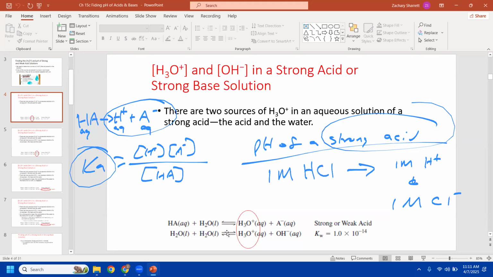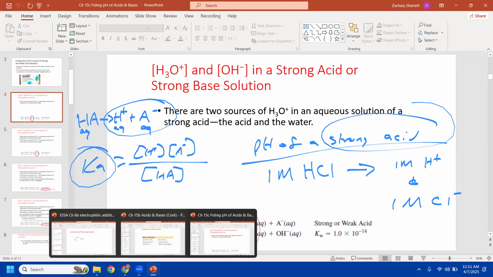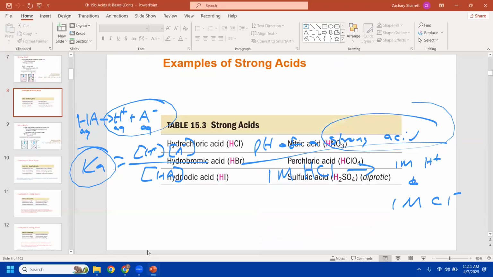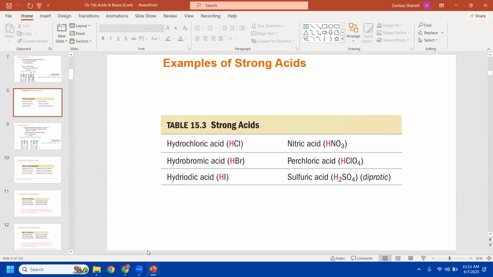What I'm saying is, of that strong acid list, all of these are strong acids except for this one here that says diprotic. So H2SO4 is going to be a very special case. We're not going to use this same theory for the strong acids for this one because it actually gives off two protons. So we're going to take a special look at sulfuric acid on its own.